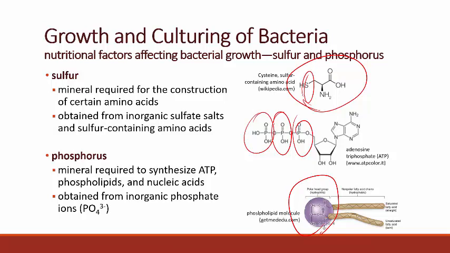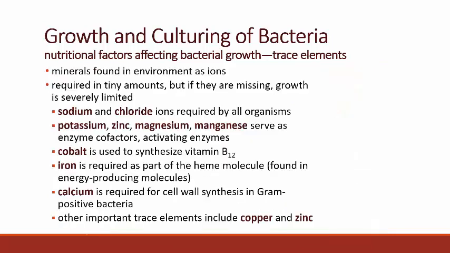So that's part of the way that we link together individual nucleotides to build nucleic acids. And all of these are obtained from inorganic phosphate ions that are found again in soils and placed into the media that the bacteria are going to grow in. Okay, so that's sulfur and phosphorus.